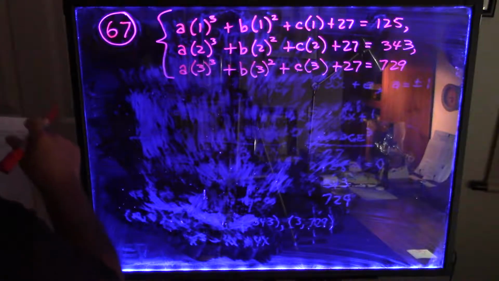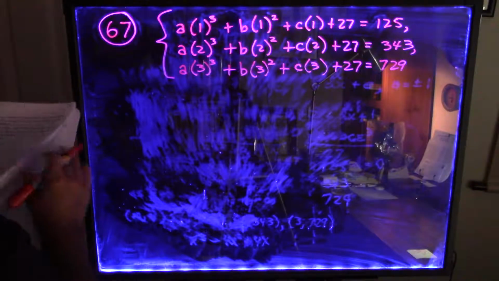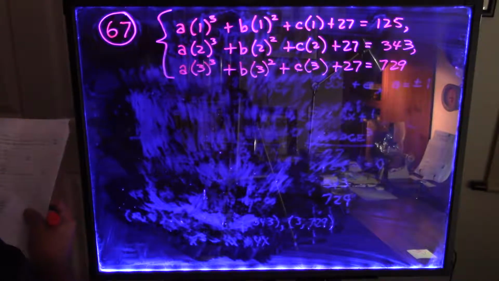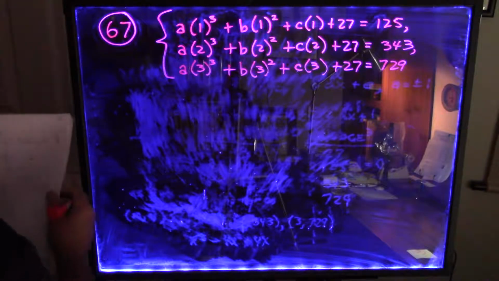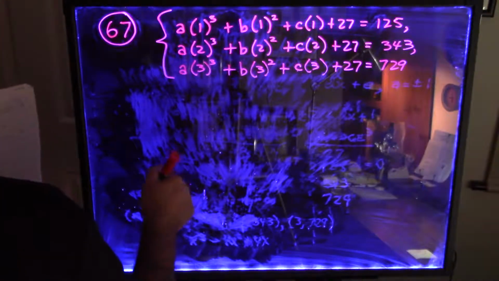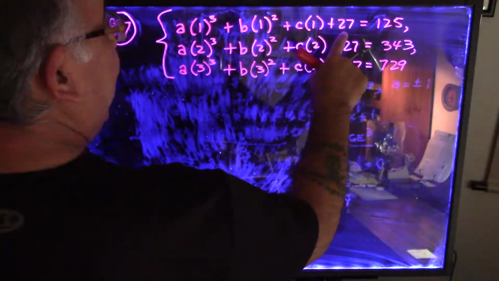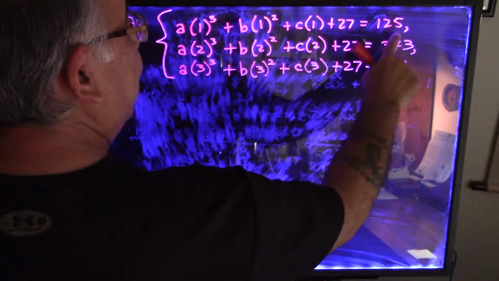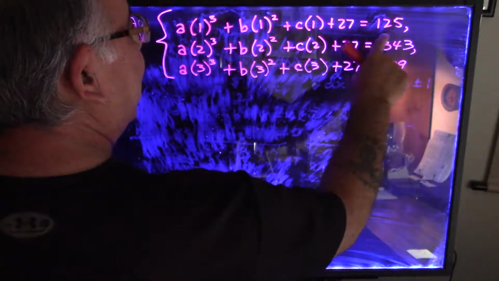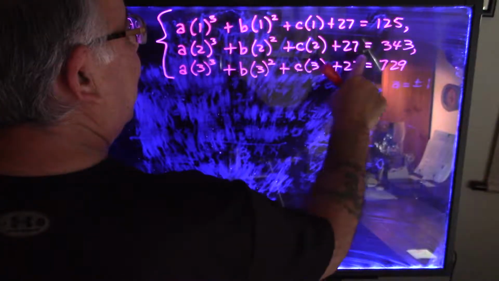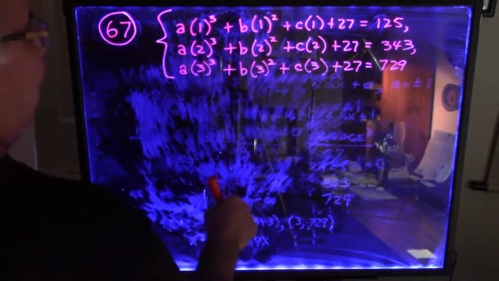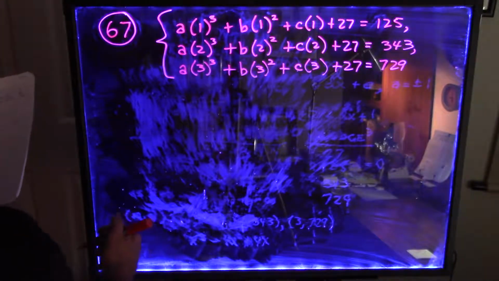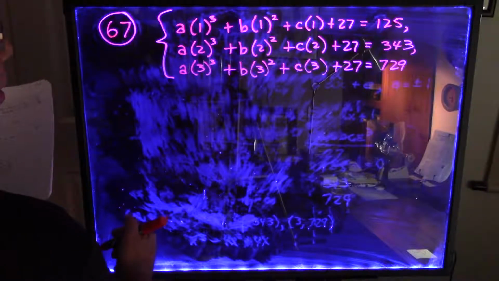All right, so now what we do is we simplify these three equations. You multiply everything out, simplify, and move the constant, the 27, to the right side. Subtract 27 from both sides, in all three, so all you have on the left side are the a, b, and c terms.